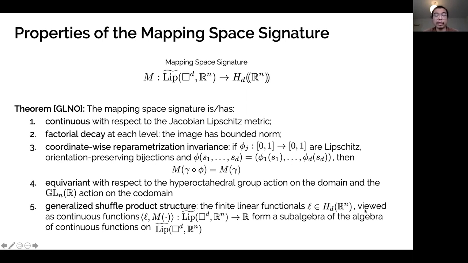We can view this as continuous functions from these Jacobian equivalence classes into R, and this forms a subalgebra of the algebra of continuous functions. And this is once again the first hint that the terminology mapping space monomials is justified, because we have some sort of algebraic structure on these functions.